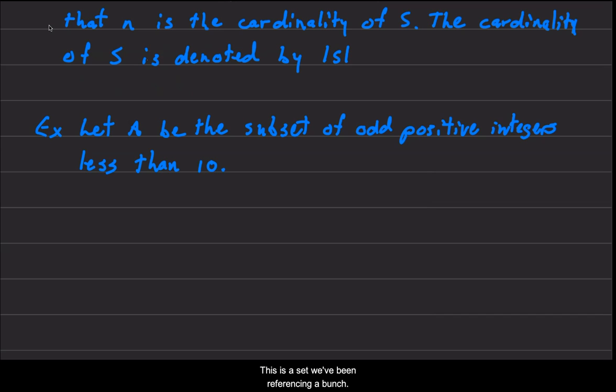This is a set we've been referencing a bunch. Then the cardinality of set A is equal to 5. That would be the positive integers less than 10: 1, 3, 5, 7, and 9.